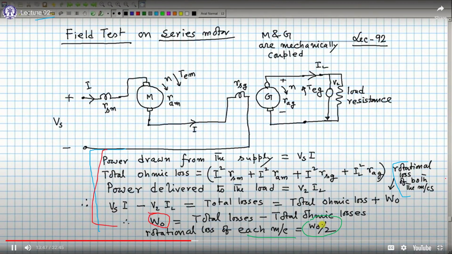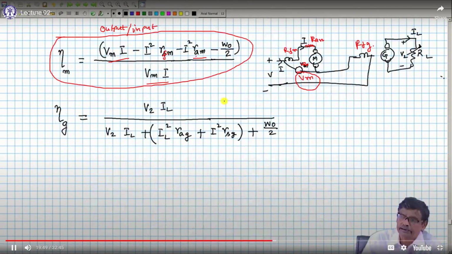So from this calculation we have found the rotational loss of both the machines, and now we are using the rotational loss in the individual machine, this value, in the efficiency calculation.